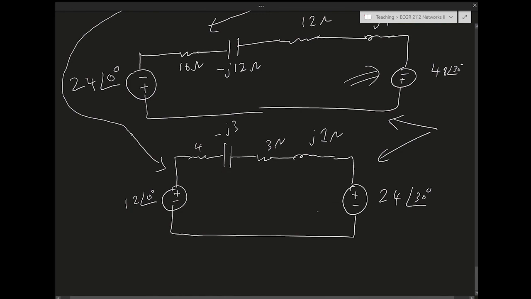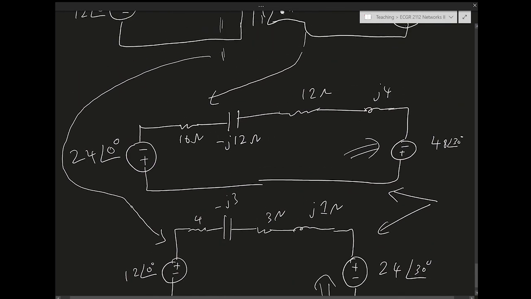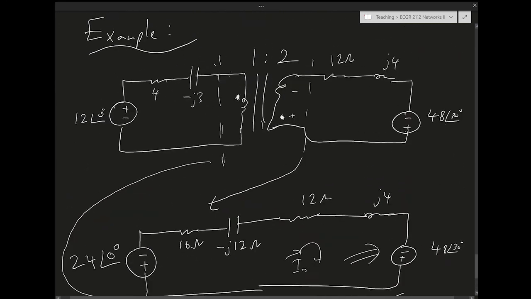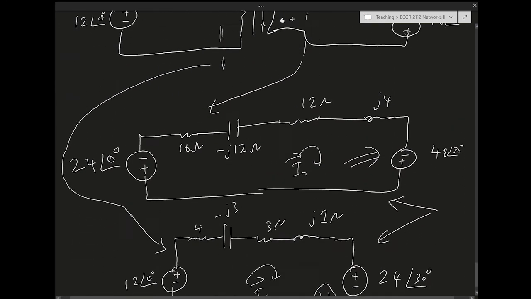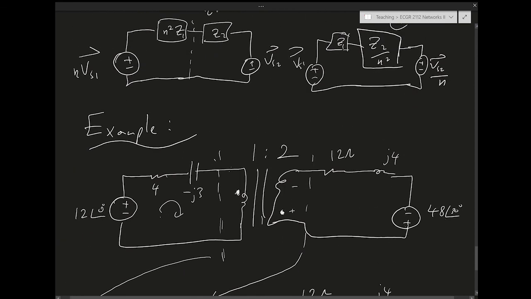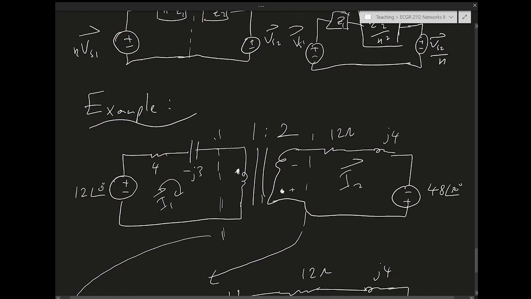We can use the other circuit to calculate, so this is here I2, and this is here I1, because we reflected in this case to the primary. So let me write down I1 and I2. Okay.